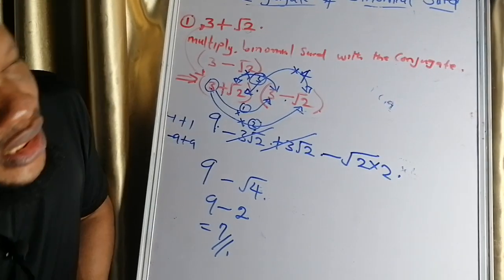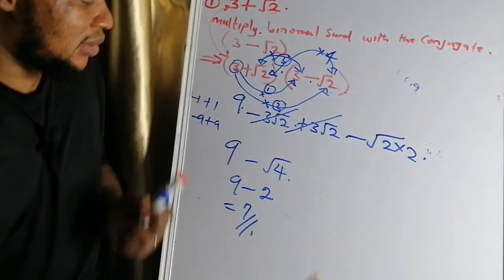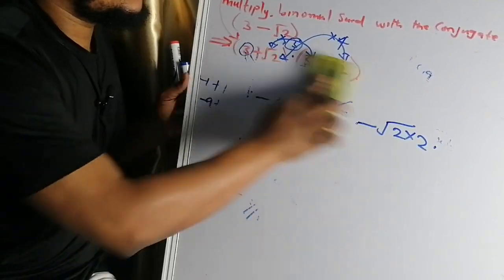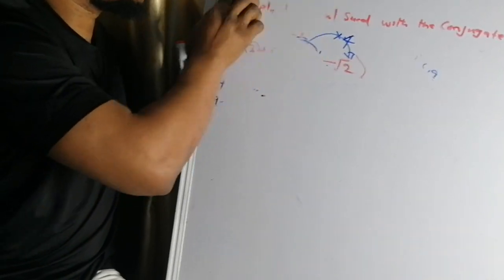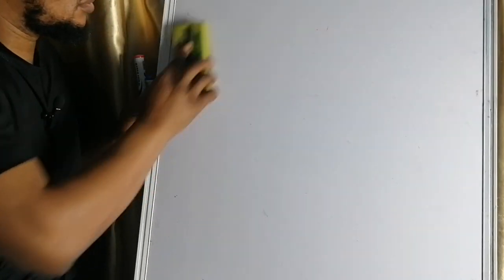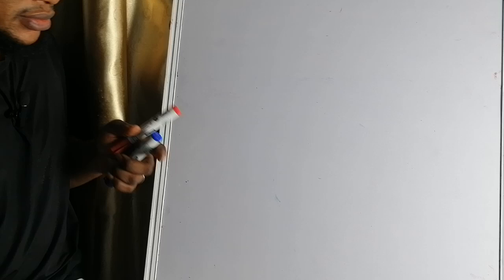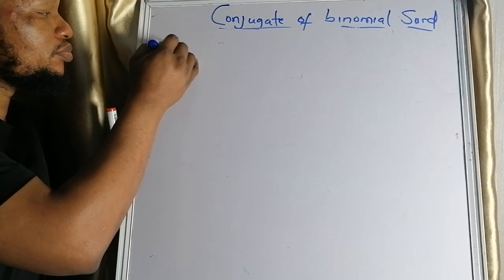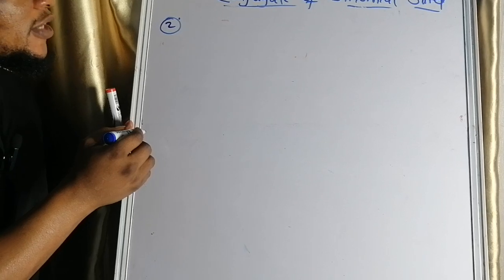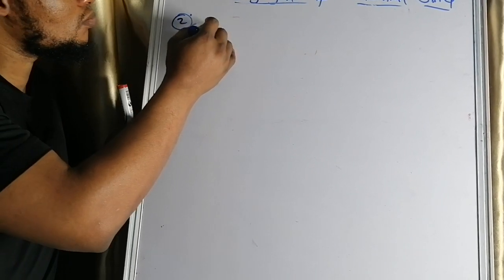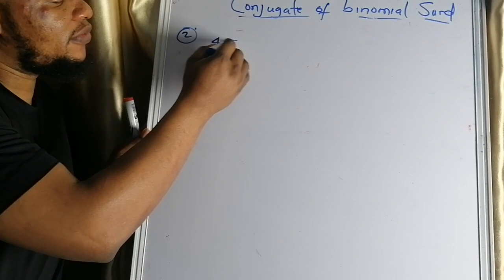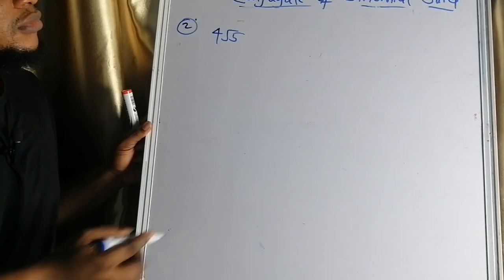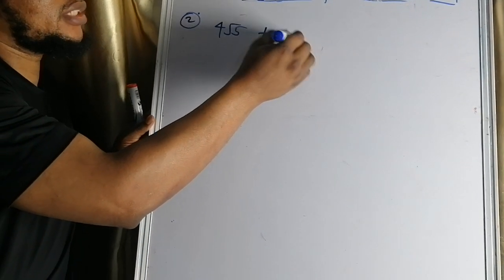So the same thing applies when the surd also appears before the sign. Okay, so let's take example 2. Let's say 4 root 5 plus 3.